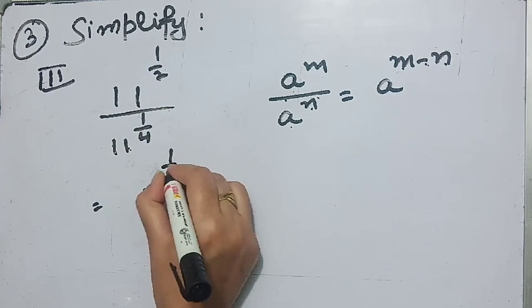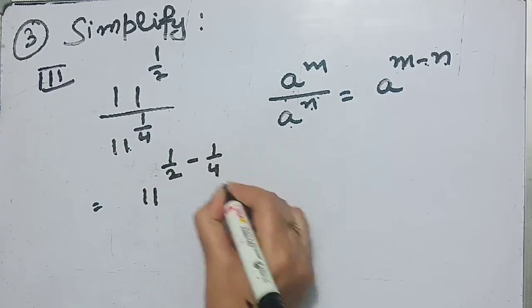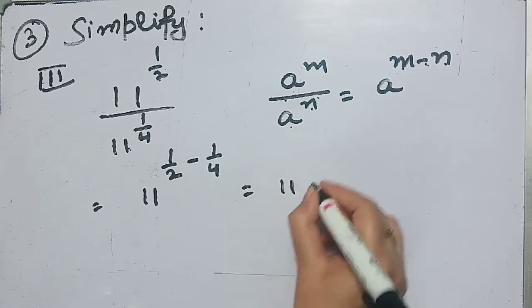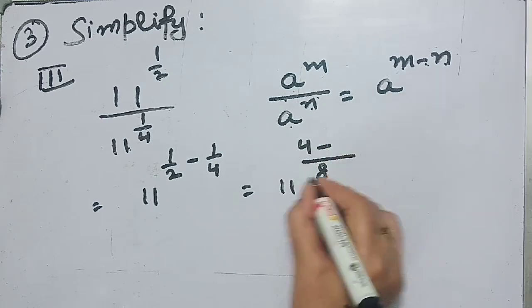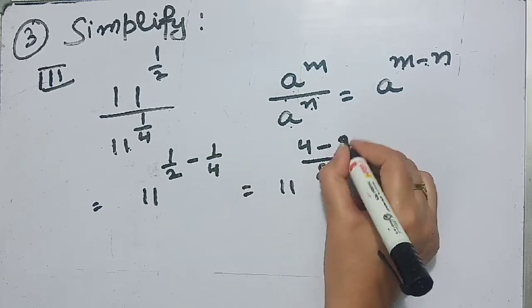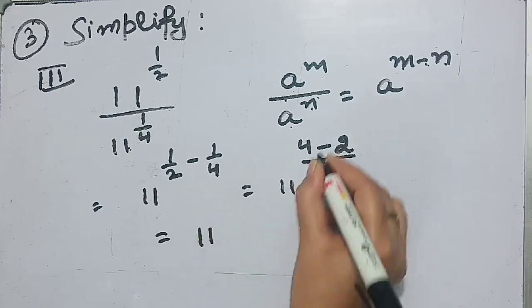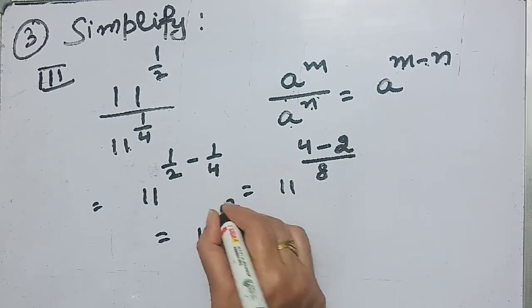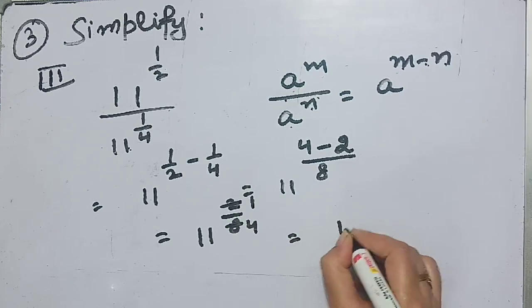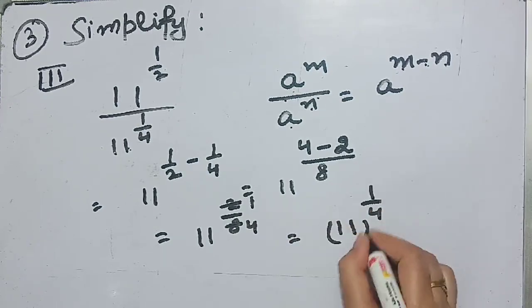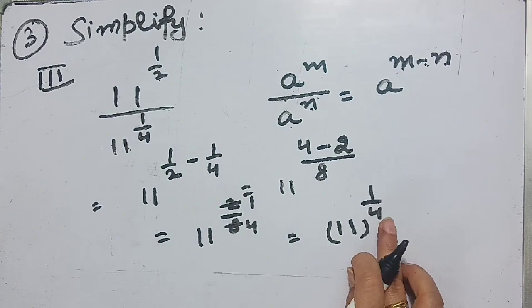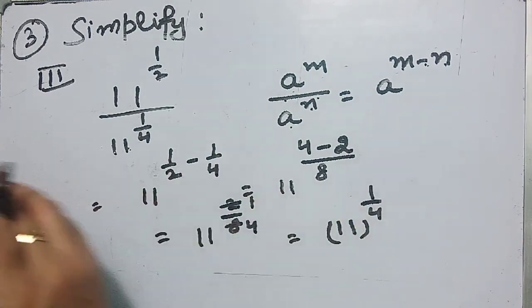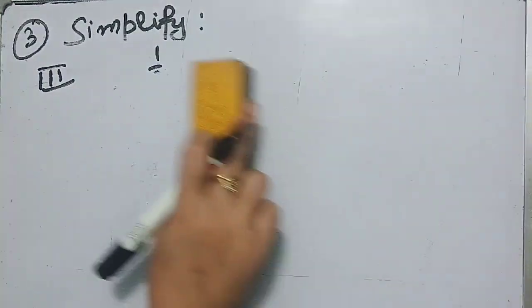Both powers will be subtracted: 1/2 minus 1/4. Now the LCM of 2 and 4 is 8. 8 divided by 2 is 4, 4 ones are 4. 8 divided by 4 is 2. 4 minus 2, 2/8. Both are cancelled. Now this is 1/4. Again 11 cannot be factorized as it is a prime number, so the answer is 11 raising to power 1/4.